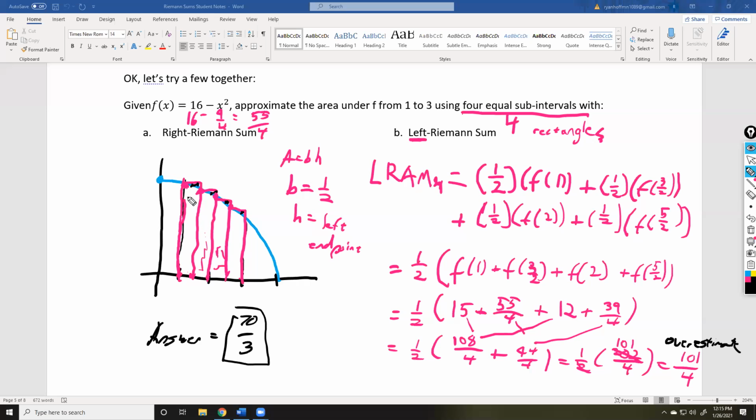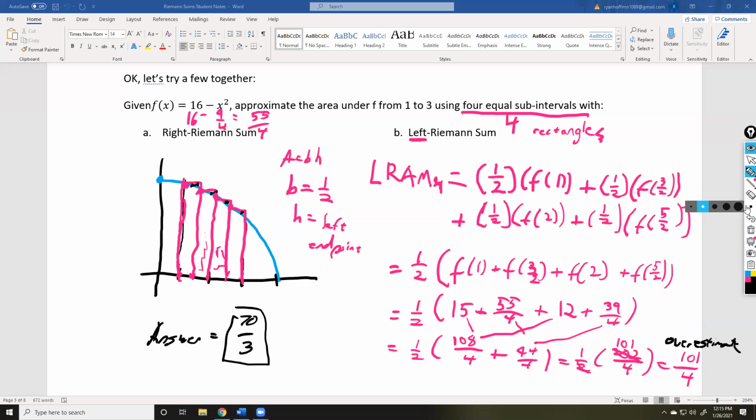If you look at how the right Riemann sum was drawn, that final answer would give an underestimate of the actual answer. Because it'd be the opposite. There'd be some area that was in the curve that we wanted that isn't actually covered there. So that's left Riemann sum and right Riemann sum.